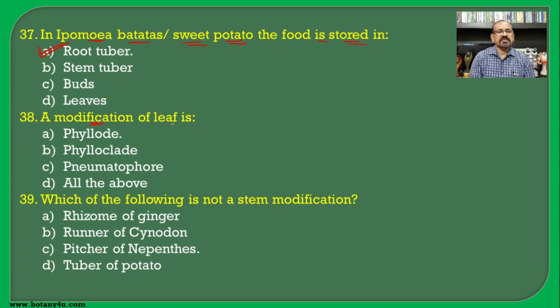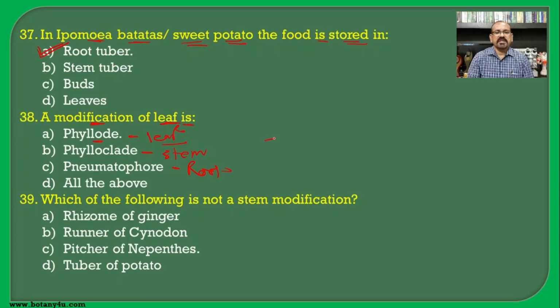A modification of leaf is, if you see the modification of the leaf, that is the phyllode, which is the modification of the leaf. Then phylloclade is a modification of the stem. Pneumatophore is a modification of the root.